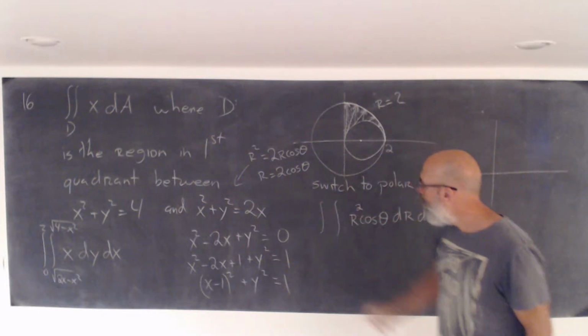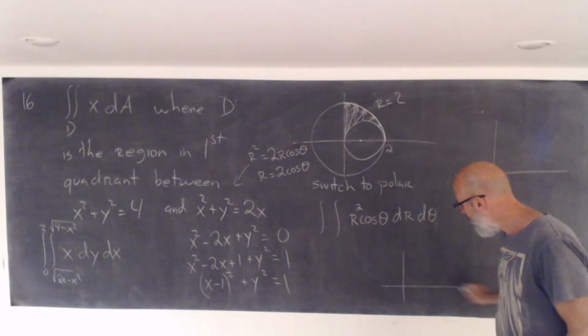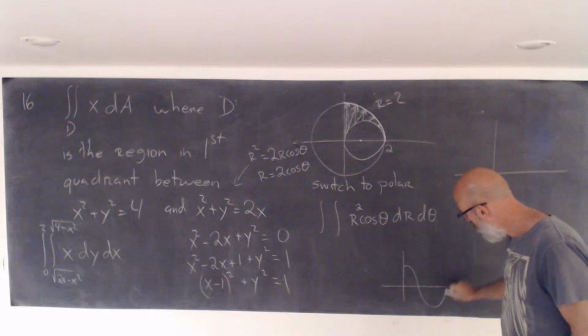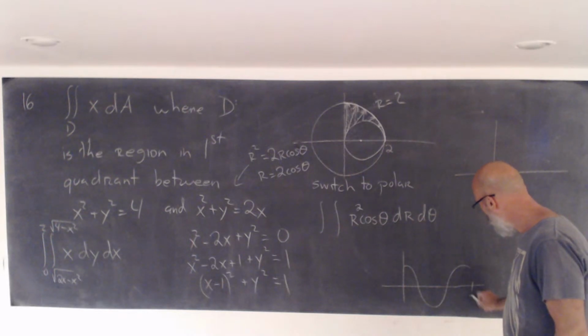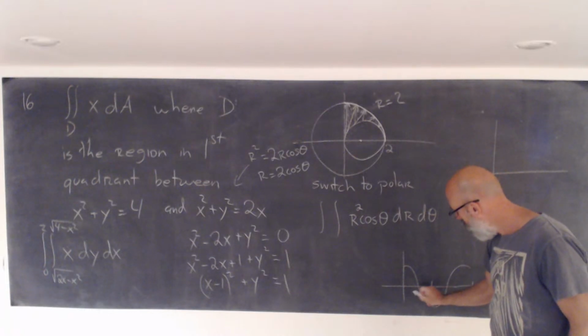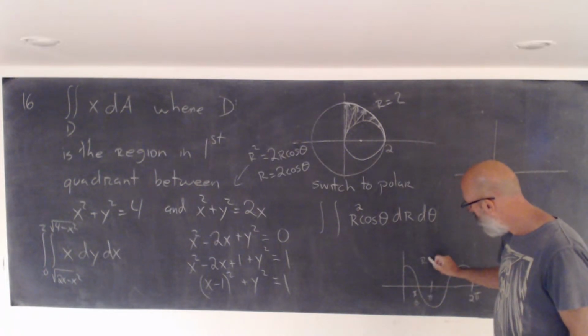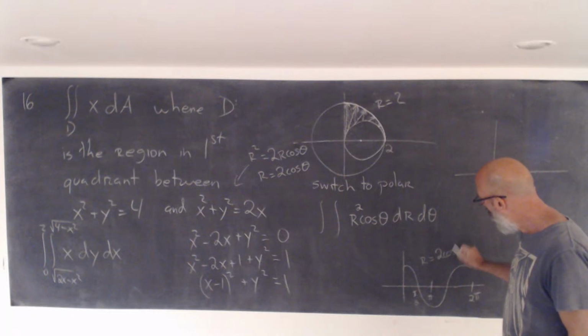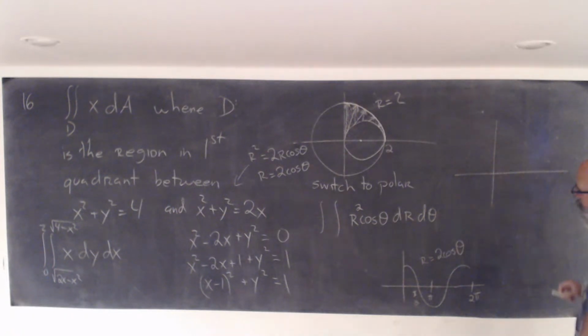R equals 2 cos theta. How does that work?